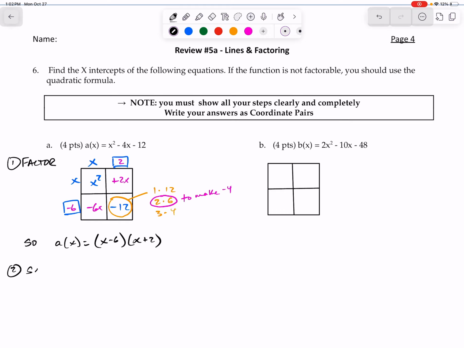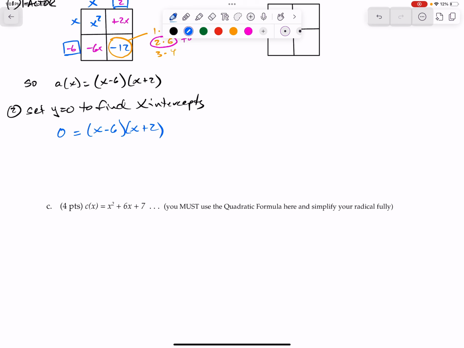Step 2, set y equals 0 to find the x-intercepts. So then we'll have 0 equals x minus 6 times x plus 2, which means we'll use the zero product property to find x's.